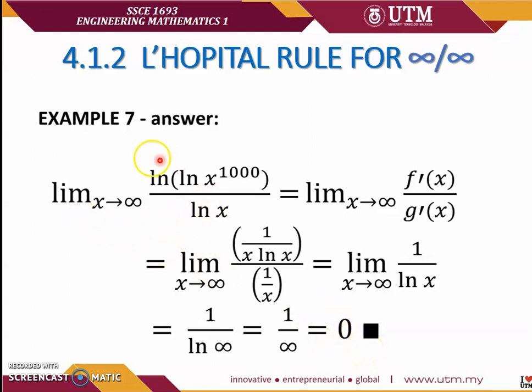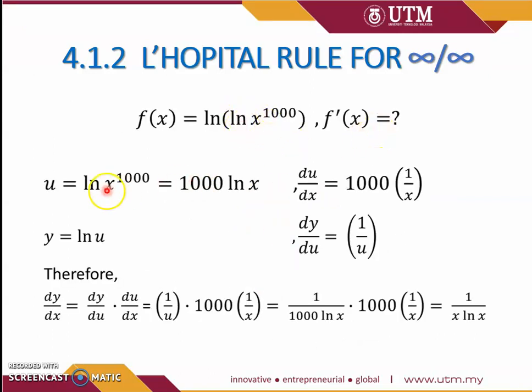So this is the answer for this limit. Basically, how did I obtain the differentiation for the f? The ln x^1000 is equivalent to this one. How do I get this? For this case, we need to use the chain rule. For chain rule, first we need to define the first substitution, which is u.